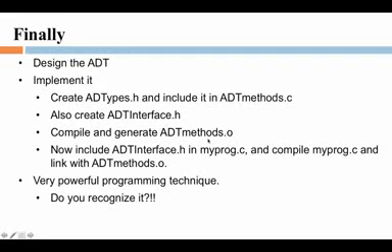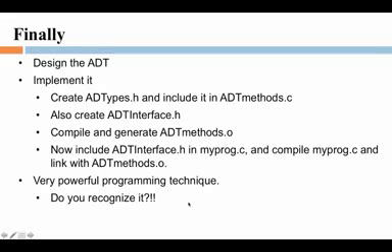Now you compile and generate adt_methods.o. Now include adt_interface.h in myprog.c. You compile myprog.c along with adt_methods.o. And what have you done? You've written a program that uses the implementation of this abstract data type that you had designed at the beginning.